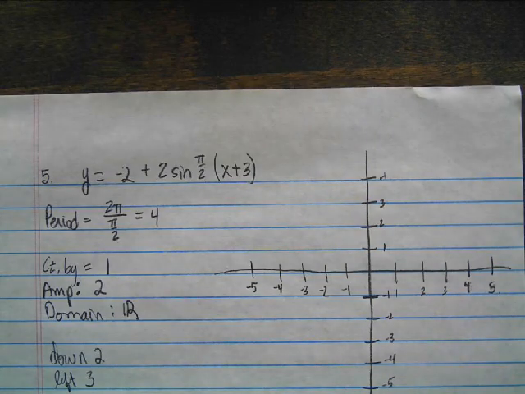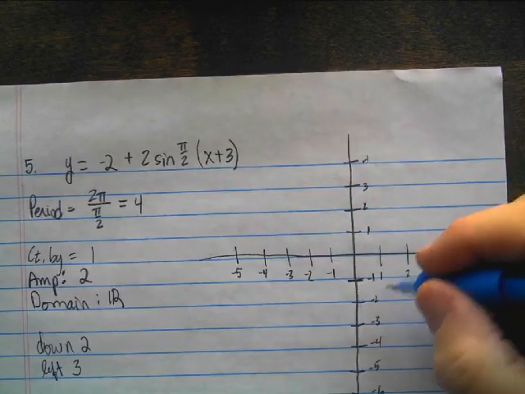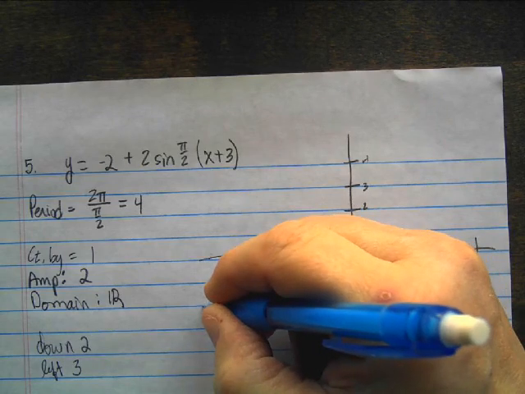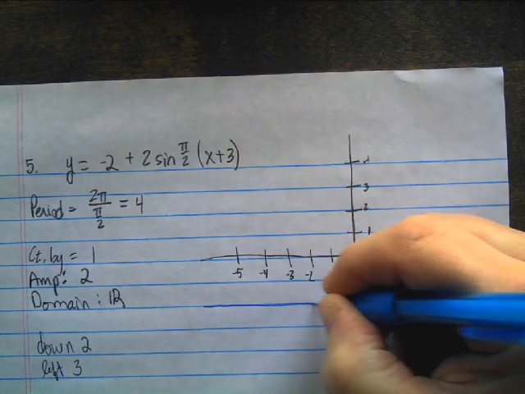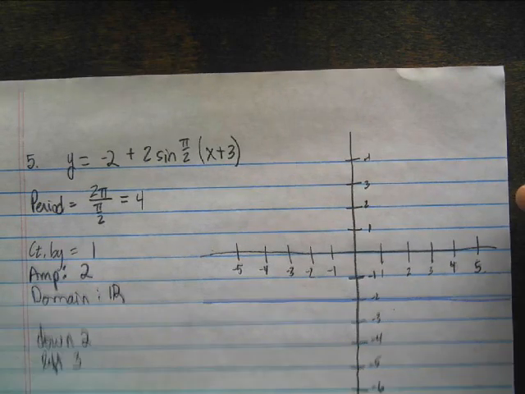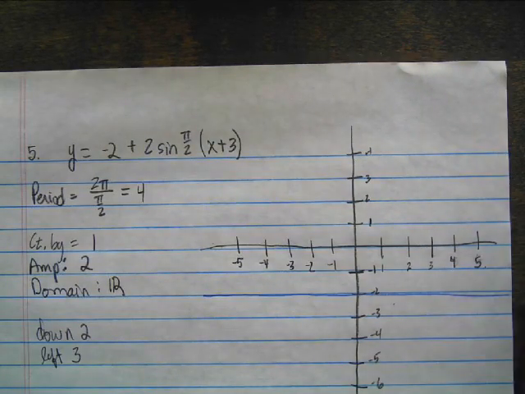Okay, and then my new set of axes, I'm going to move down 2. So this will be my horizontal axis. And then, as I said, I'm going to move the left 3.